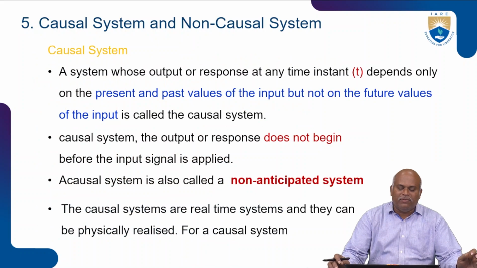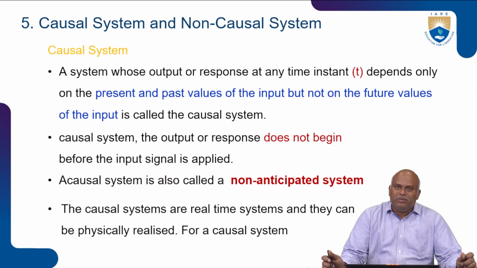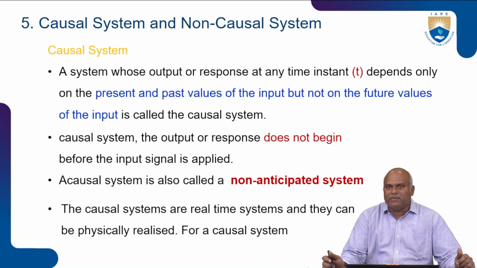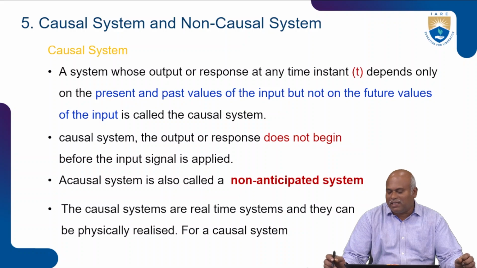So first we go for the causal and non-causal system. What is the meaning of causal? A system whose output or response at any instant t depends only on the present and past values of input, but not on future values of input, is called a causal system.